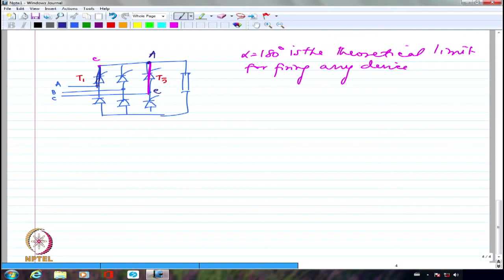We will be able to operate it from alpha equal to 0 until alpha equal to 180 degrees. That is the limit. Beyond that we will not be able to operate it unless maybe we have some other commutation circuit, some other thing which we are not discussing, that is not under the purview of this course. So we are only talking about natural commutation or line commutation, where the supply voltages going from positive half cycle to negative half cycle automatically turn off the device.